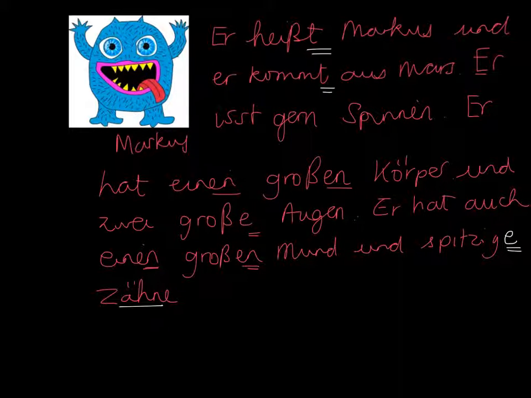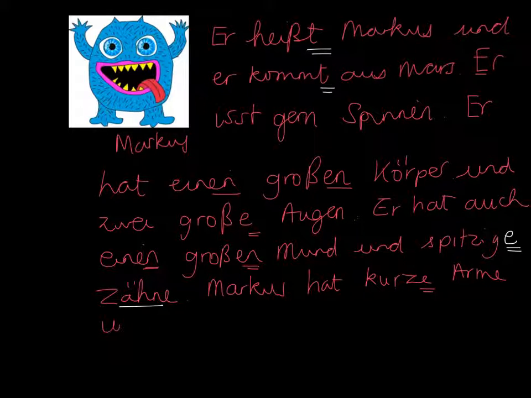Right, what else does he have? Marcus has short arms and short feet. So, Marcus hat kurze, okay, because it's going to be plural, Arme und, yes, small feet, kleine Füße.